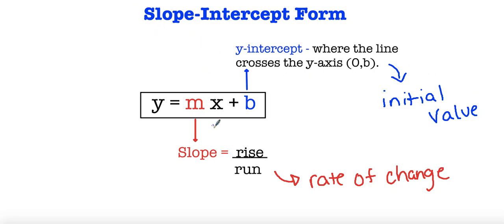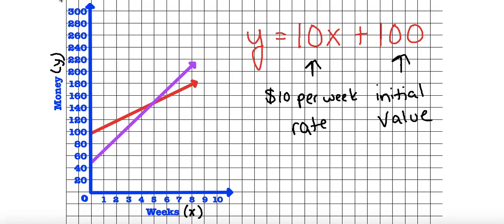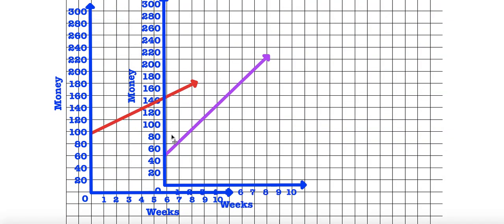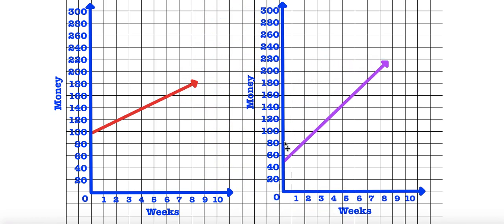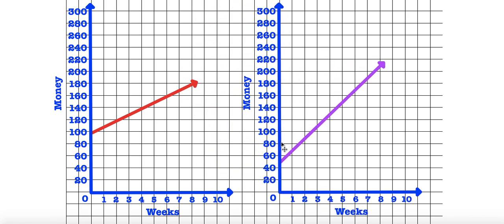So our slope here says rise over run. And on a graph, I'm going to show you that. So I'm going to clear this, and I'm going to put this graph back here. And I'm going to use this red one to show you what rise over run means, okay?